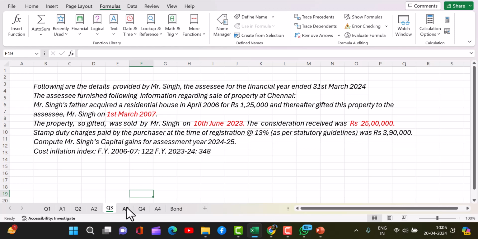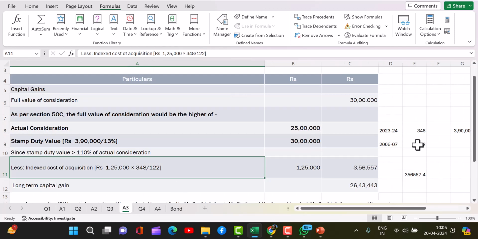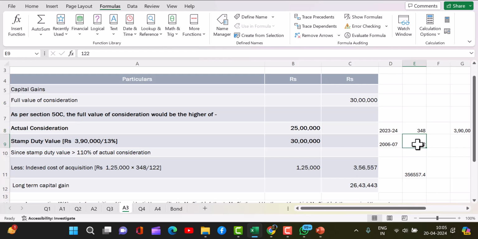Okay. So this is 348 divided by 122. That means the indexation would be this. Which means the long-term capital gains would be 26,43,243. So this will be the long-term capital gain.